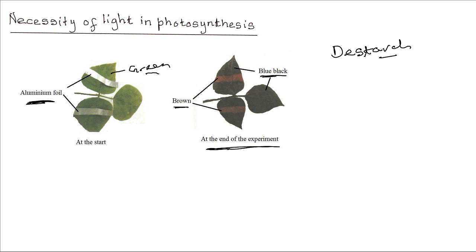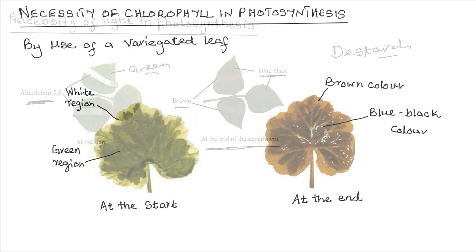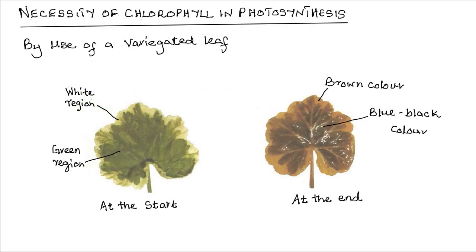Now, in this experiment, we just make sure that the plant with variegated leaves is exposed to light for at least 3 hours. This is to allow for photosynthesis to take place. Then we detach or remove a variegated leaf from the plant.